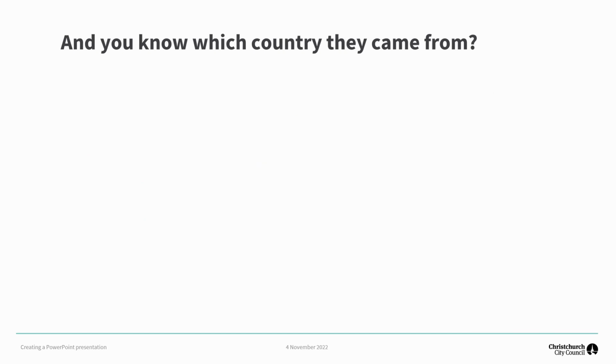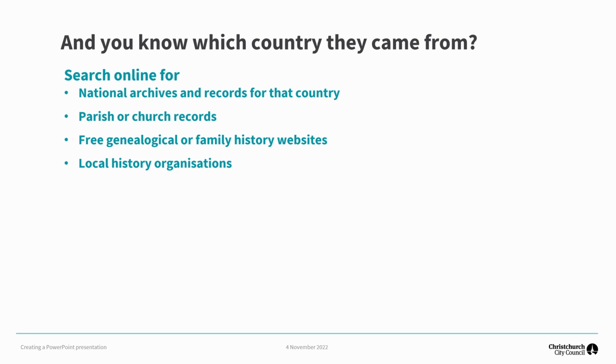It helps if you know which country they came from. So searching for national archives and records for a specific country can throw up some useful websites. Remember to search for state or county records as well as the national, i.e. central government ones. Church records are really useful, and for births can often give more information than the government registers.